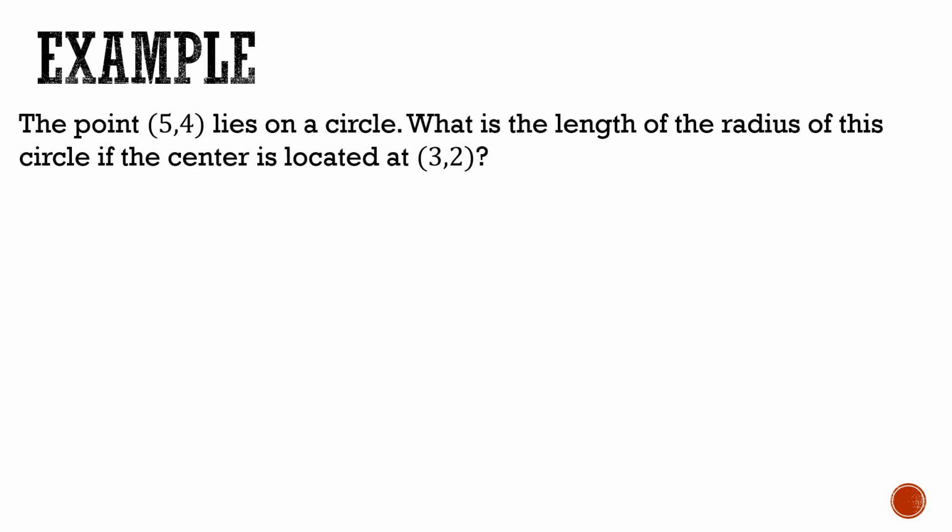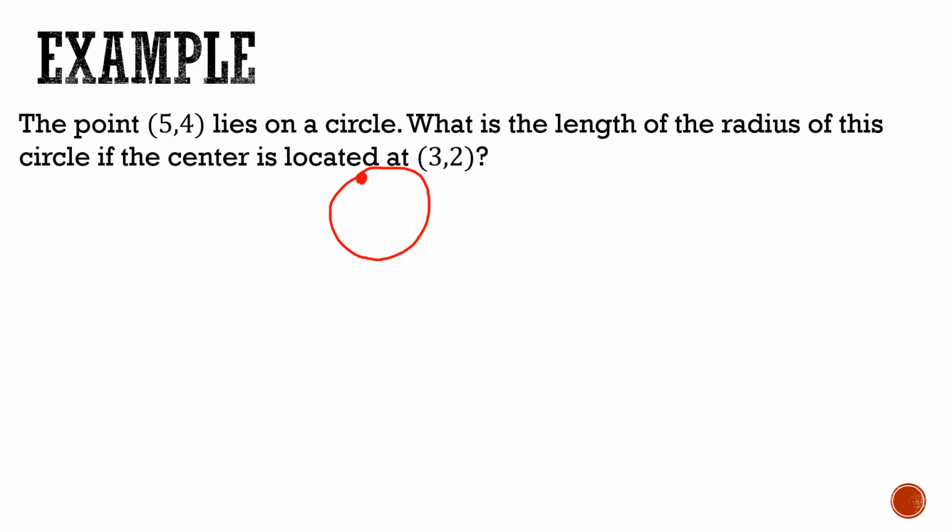The point (5, 4) lies on a circle. What is the length of the radius of this circle if the center is located at (3, 2)? You can use a Cartesian coordinate plane to draw a circle, but for this case, I will just simply draw a circle.